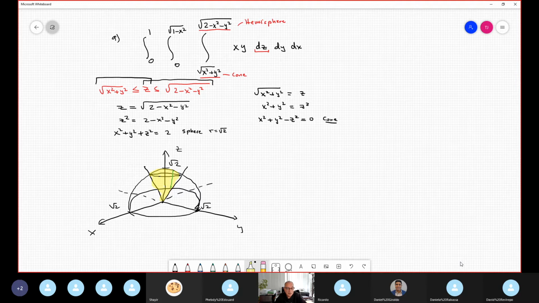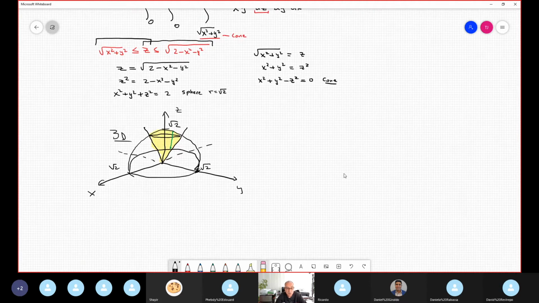Okay, so I need to understand the work done by the other people que set up this triple integral. In this case, the z value goes from the z of the cone to the z of the sphere. So this gives me some idea. Okay, this is the 3D picture, approximately, not totally good.